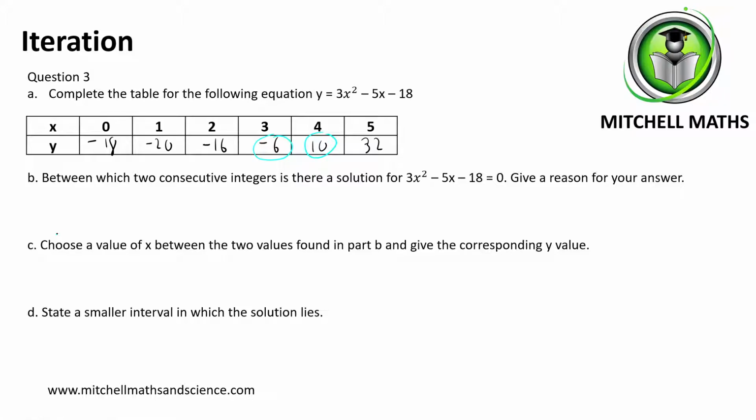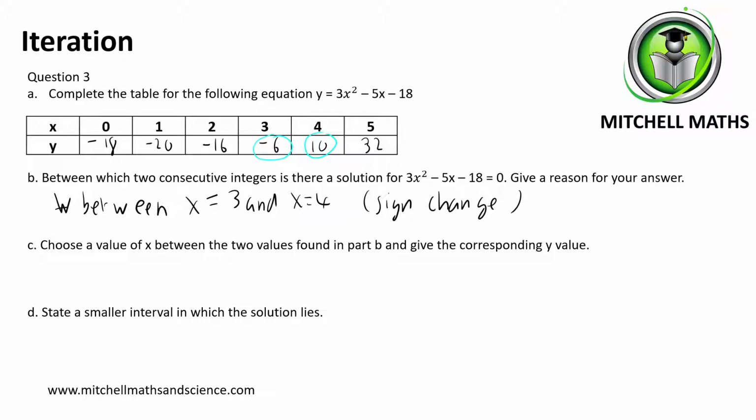So which two consecutive integers is a solution? We're between x equals 3 and x equals 4, and I'll just put sign change. Or you could put above and below 0.